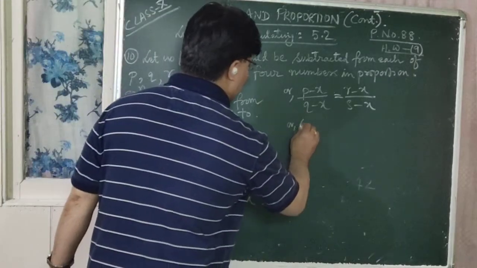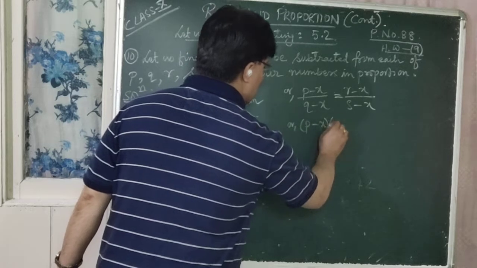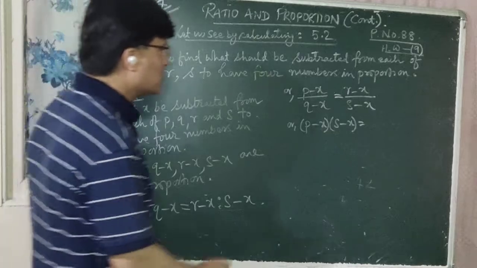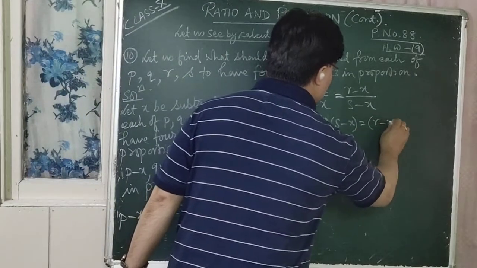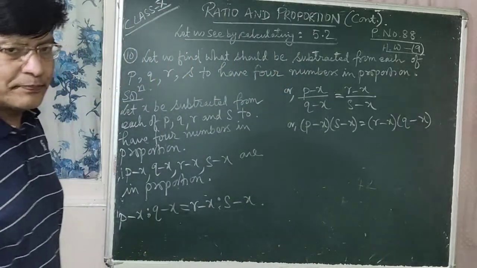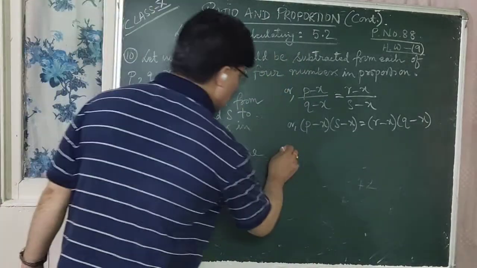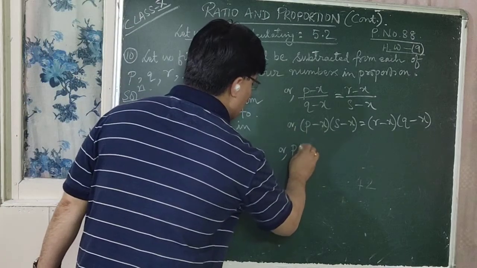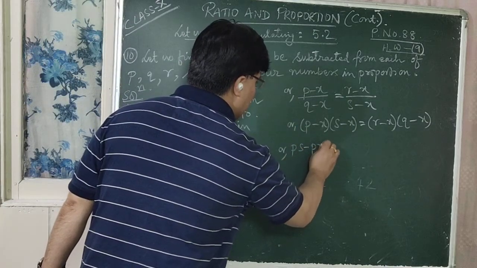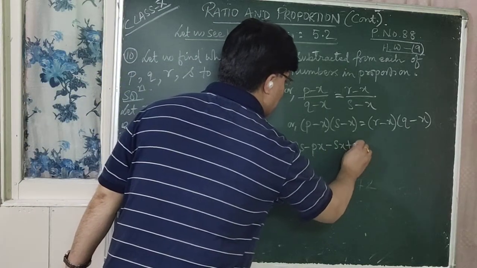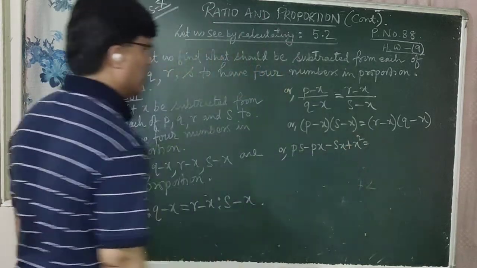That is, P minus x into S minus x is equal to, on the right hand side, R minus x into Q minus x. Is that clear? So let's simplify it. Now multiply the two factors here. On the left hand side, P into S, PS minus Px, then minus Sx, minus into minus plus x square.